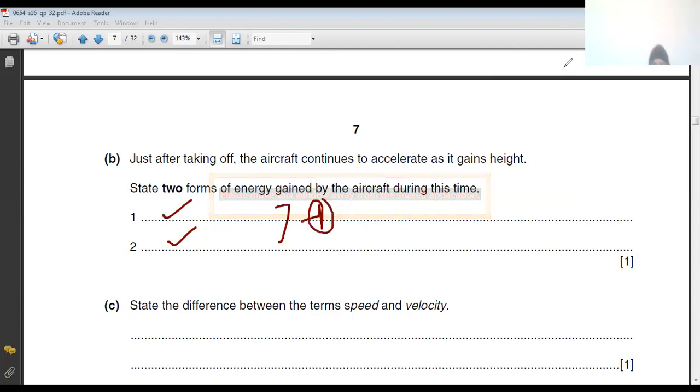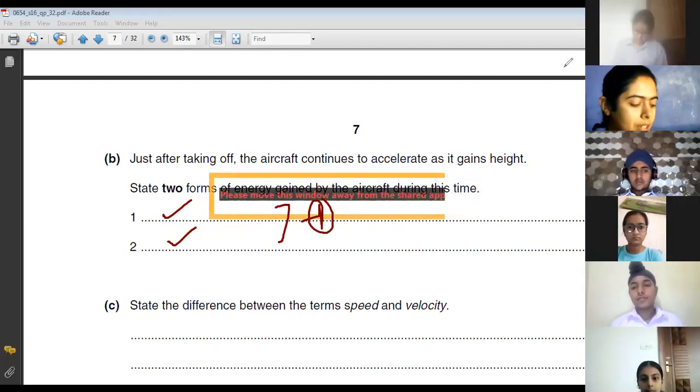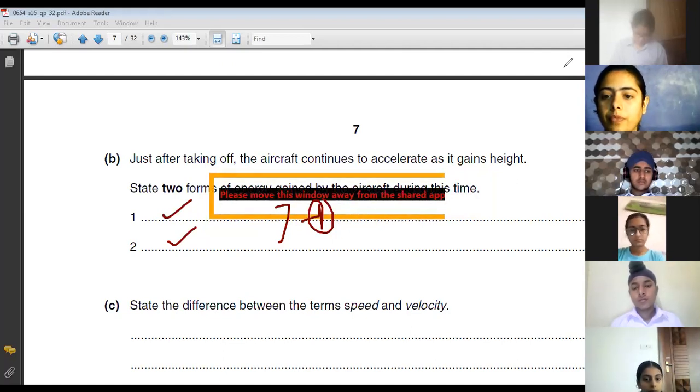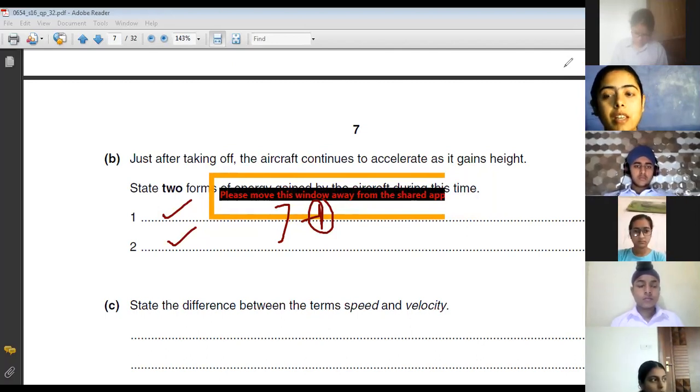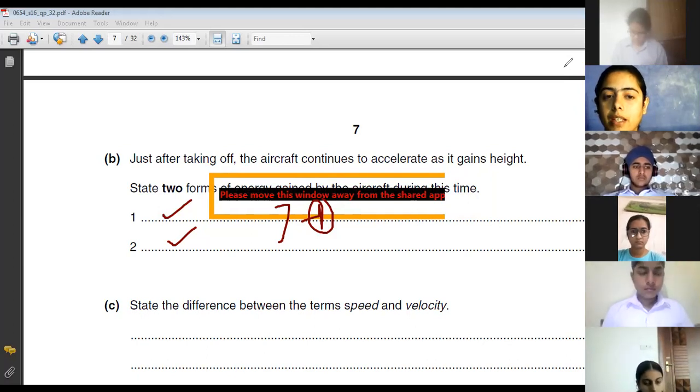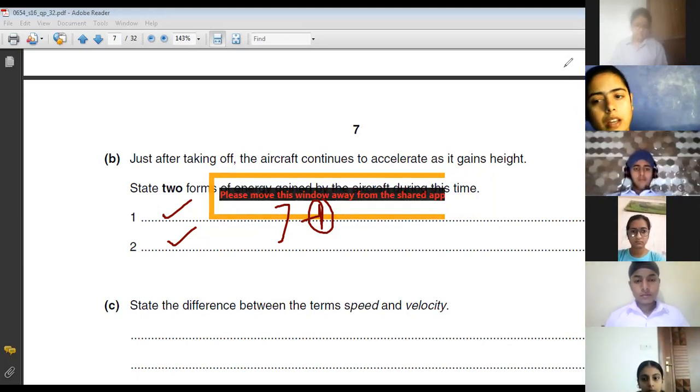Fine. So if it goes in this way, then if you do one correct, one wrong, you will not be getting the marks for it. So what I mean is, after the exam we get the answer key, we are not able to see.